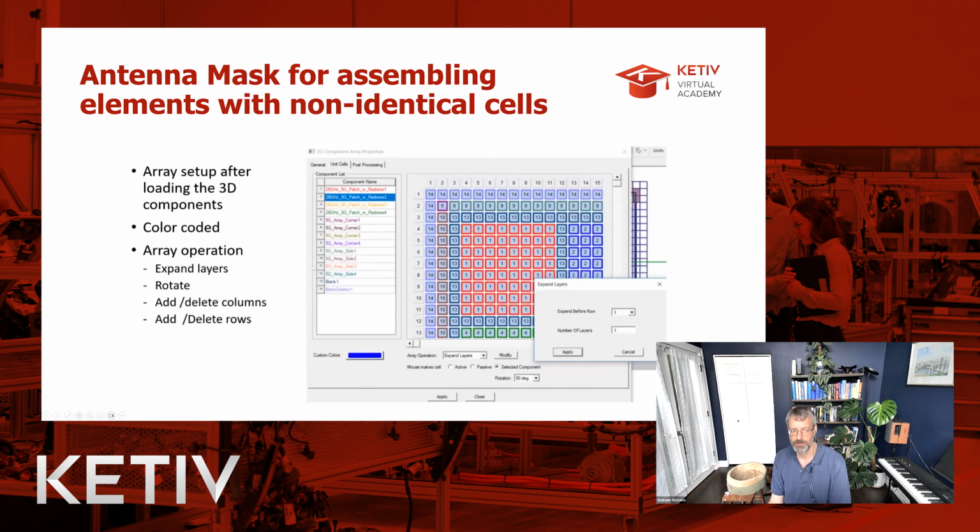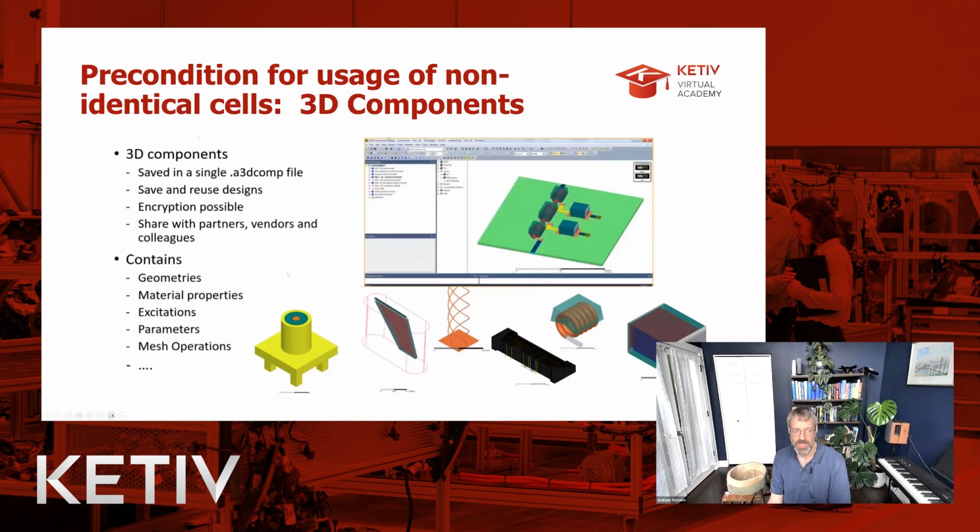And as we were just showing, this is another look at our antenna mask layer and how that's set up. Another advantage of the 3D components is that when we save it as a 3D component, we can also save it as an encrypted file.